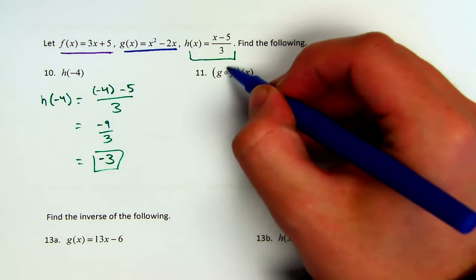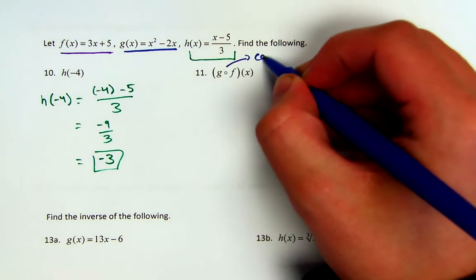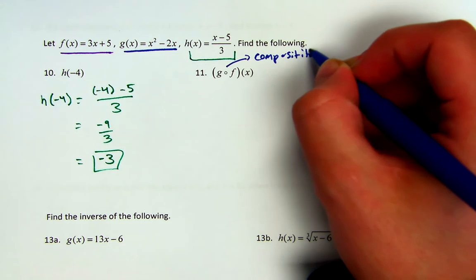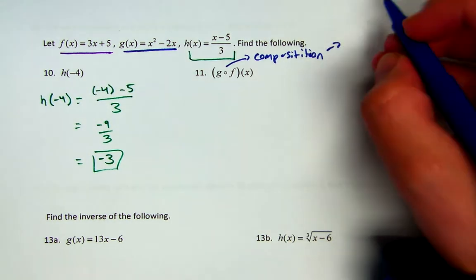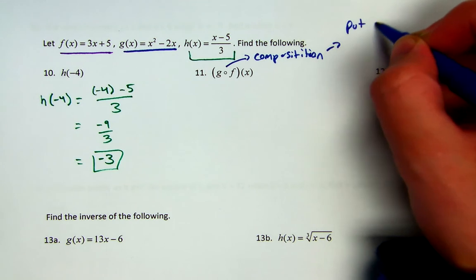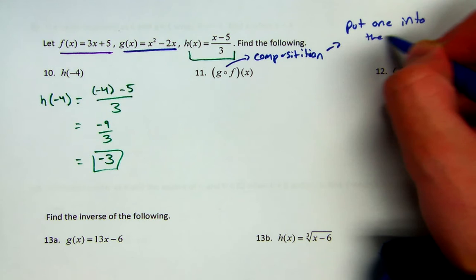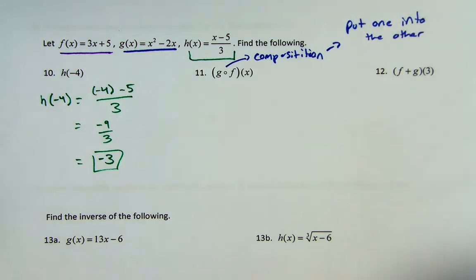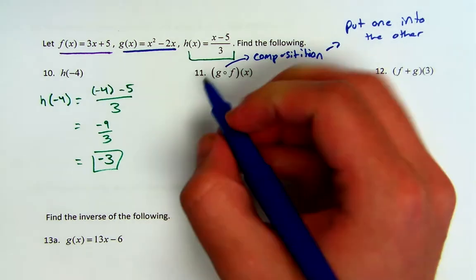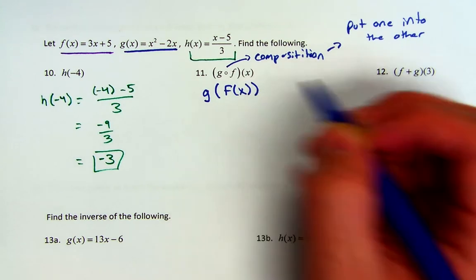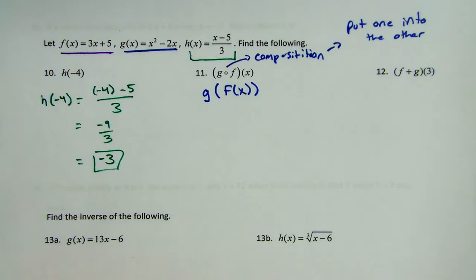Now remember that this little open circle is composition. So what that means is we're going to put one function into the other. So the order goes, I want g, and I want to take f and put f into g.